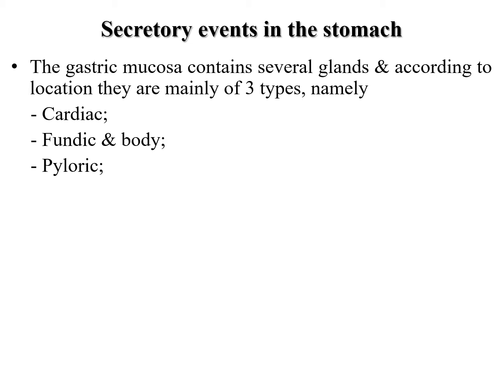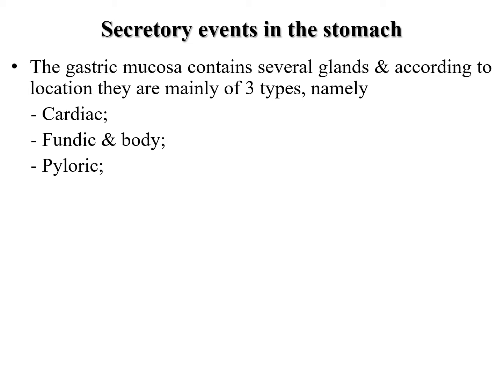and the mucous membrane of the stomach, or the gastric mucosa, contains several gastric glands. According to the location of those glands in different parts of the stomach, they are classified into three main types.